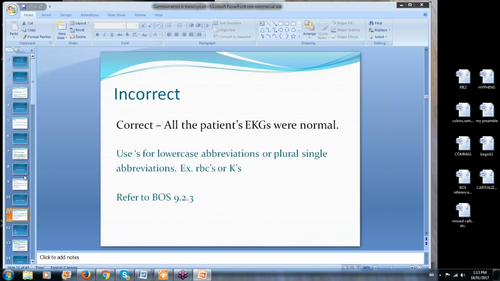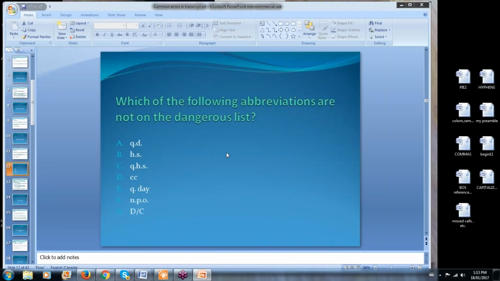Let's see here. Okay, which of the following abbreviations are not on the dangerous list? And you have lots to choose from here. So remember, which of the following abbreviations are not on the dangerous list?